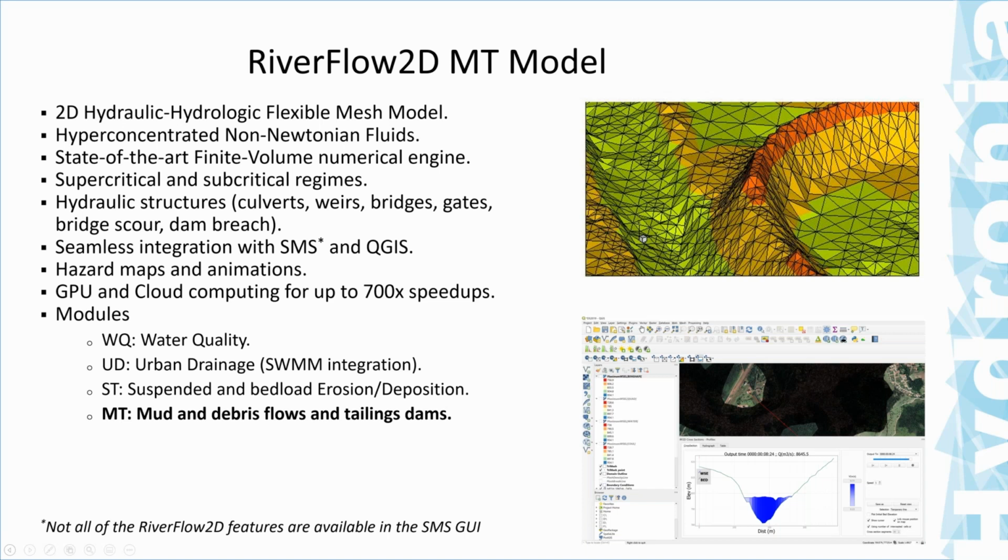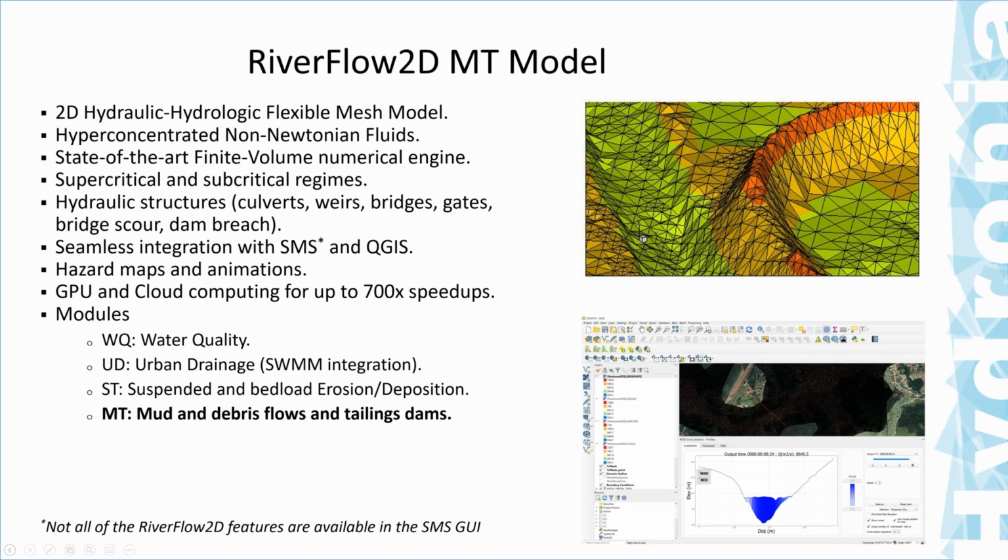So this is very important because when you're using the model, you can trust that the solution it's obtaining of the equations is the best that you can expect from a flexible mesh model.